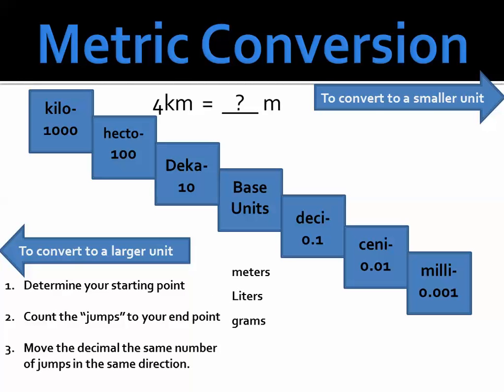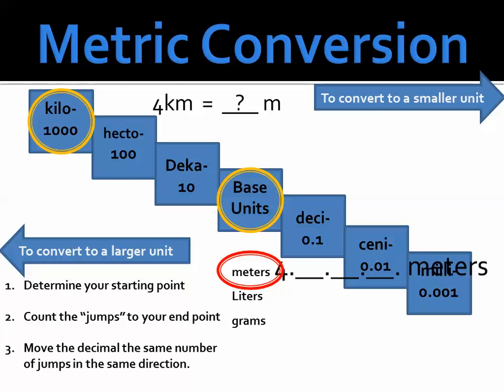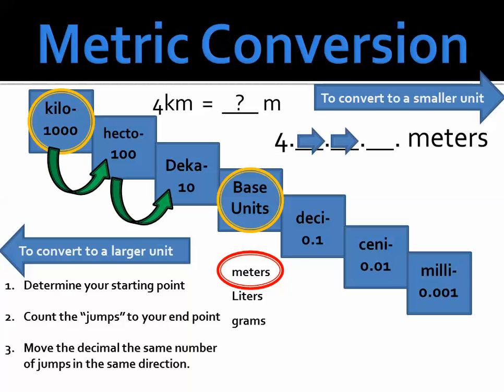Convert 4 kilometers into meters. Number 1, our starting unit is kilometers. The end unit is meters. That means we move the decimal from the prefix kilo 1, 2, 3 steps to the base unit meters, giving us 4,000 meters.